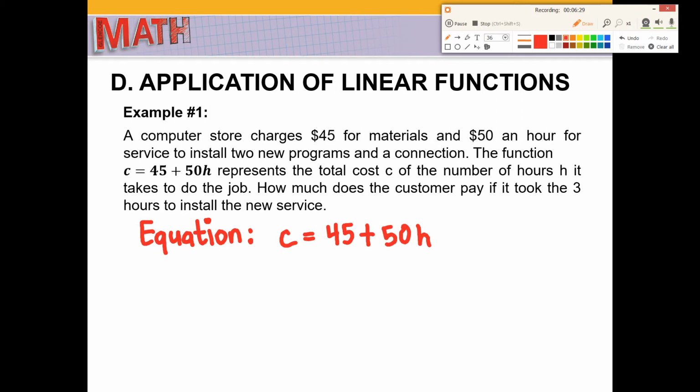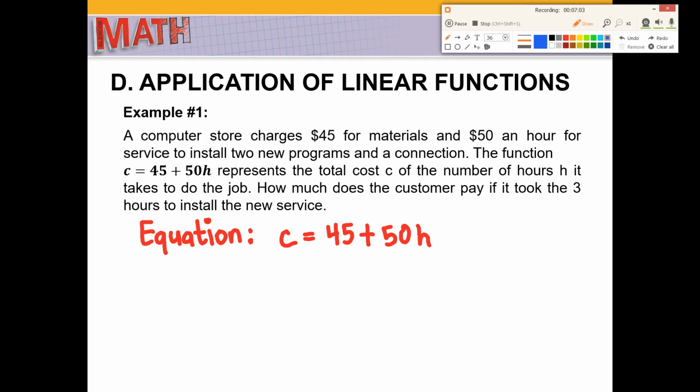Now it's asking how much. So we're solving for the C here. Remember that the C is the total cost and H is the number of hours. So we are actually solving for C if the hours is 3. So what we have to do is to exchange H with 3. Okay, we substitute H with 3 and then we simplify.